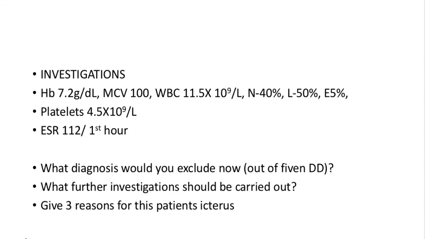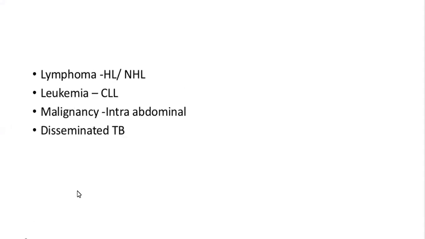Tuberculosis? No, white cell count can be normal in tuberculosis. Leukemias, isn't it? CLL has a very high white cell count, about 30,000 to 40,000 lymphocytes. So in chronic lymphocytic leukemia, you don't have to do a bone marrow.